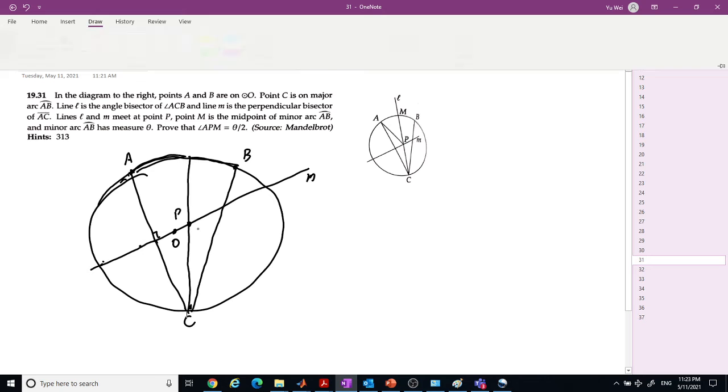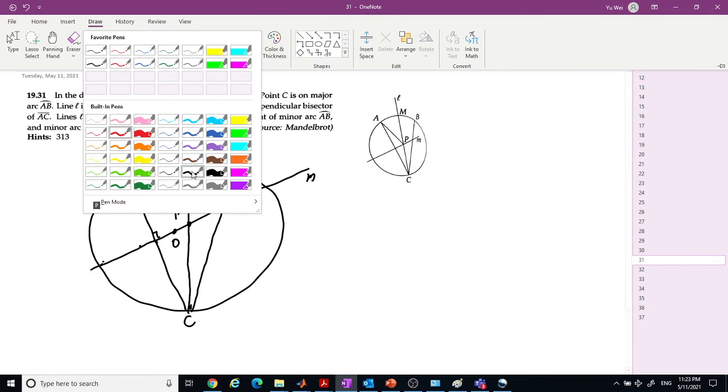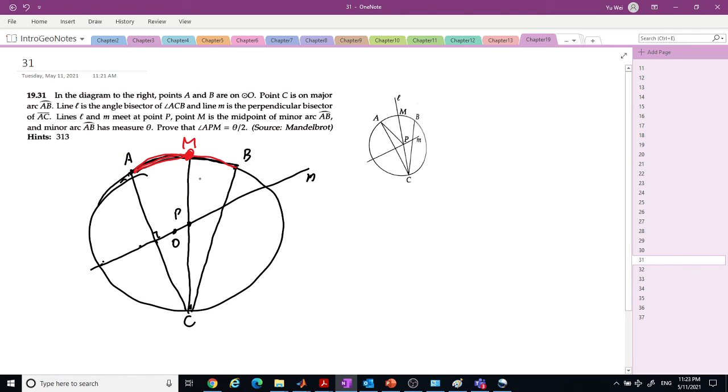Okay, this is the midpoint, and we know the arc is theta, right?